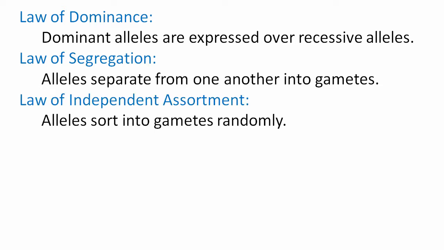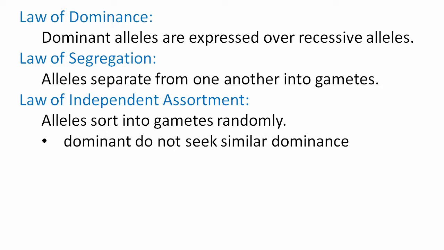And lastly, then, the dihybrid cross demonstrates the law of independent assortment, which Mendel tells us is the idea that alleles, when they assort into gametes, assort randomly. What that really means is that dominant alleles don't find other dominant alleles to be with in gametes. Rather, they just randomly find alleles to be put in. It doesn't matter which ones are connected with which.